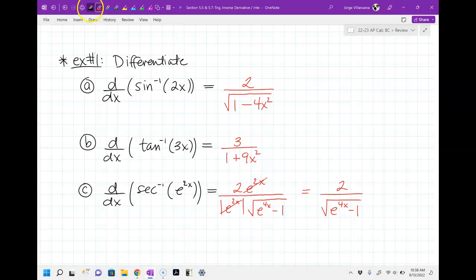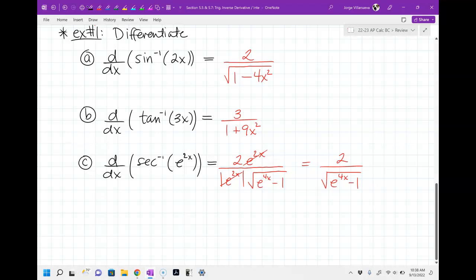All right, and last one, I'm going to have you try this one on your own. Part D, d dx of sine inverse of the square root of x. So try that, I'll give you a couple minutes. So the definition for sine inverse is u prime over the square root of 1 minus u squared. So u prime is 1/2 x to the negative half, and the derivative of x is just 1, so we don't need to do that.